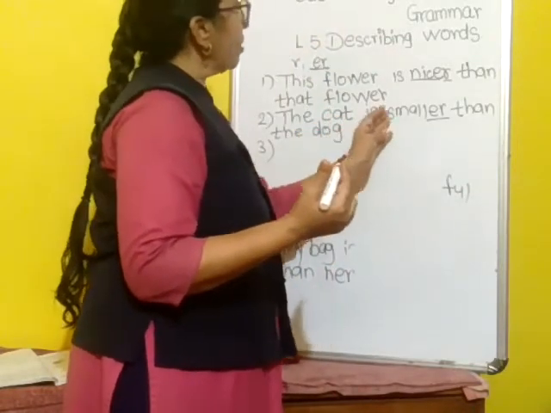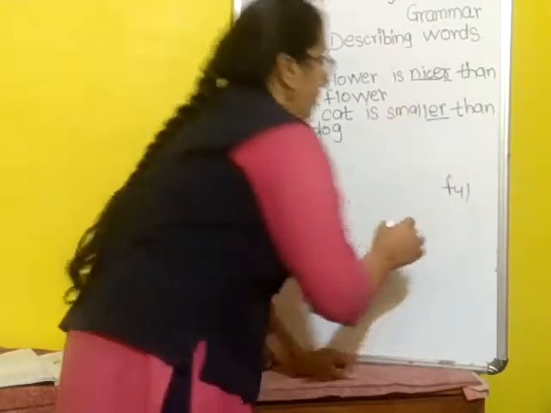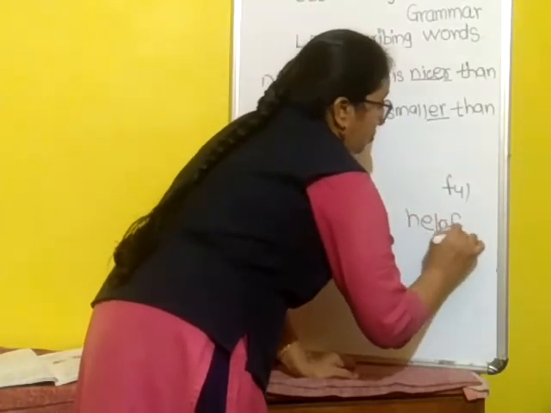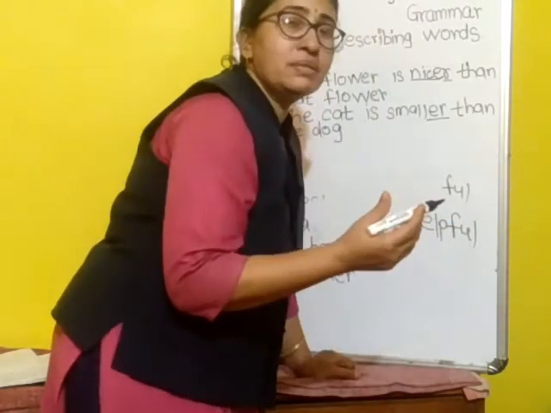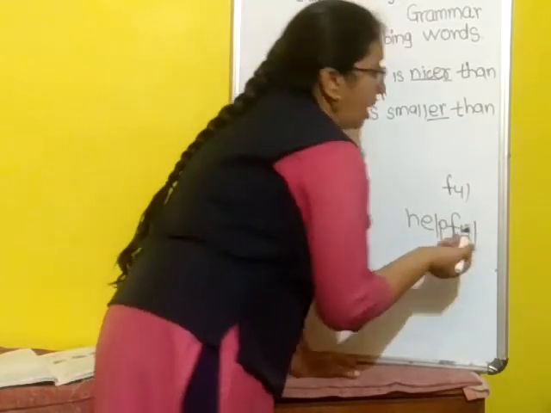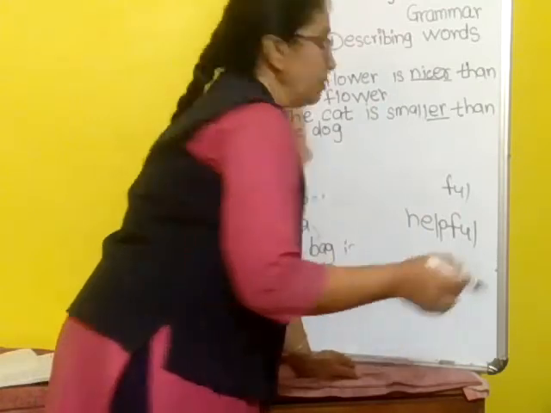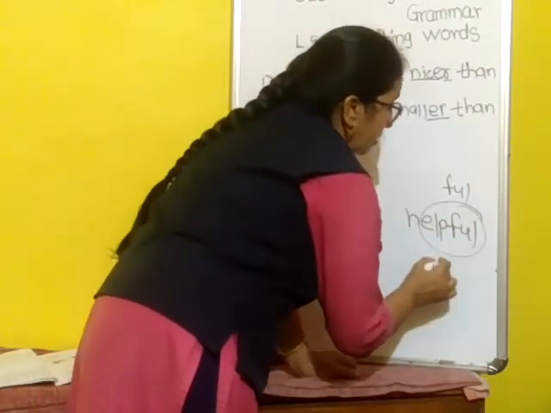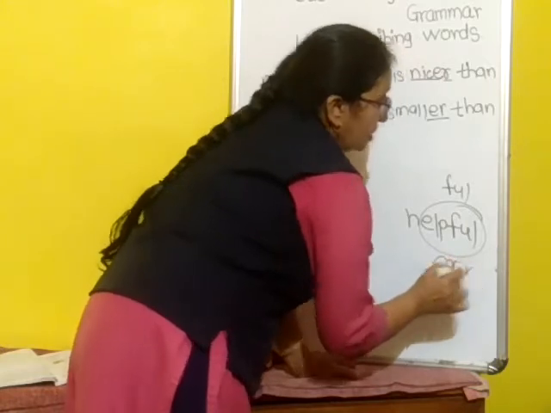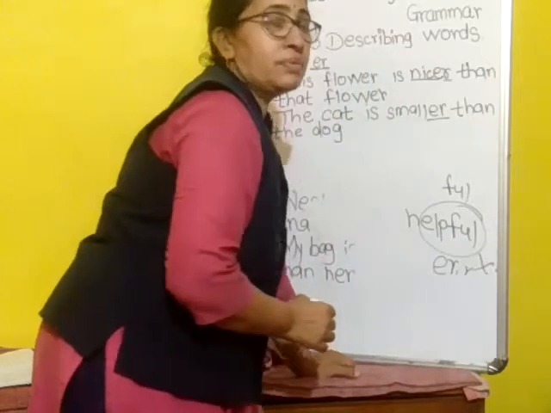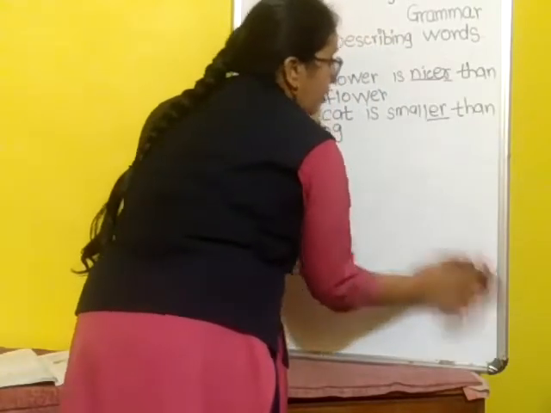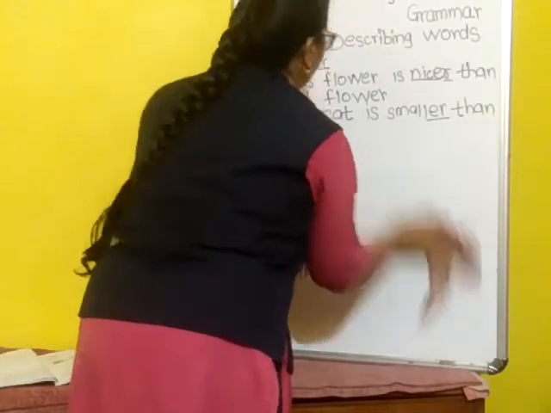By adding er or r to helpful? What can you write to make the comparison? You can't write either er or r. You can't write anything. You have to add "more" before that.